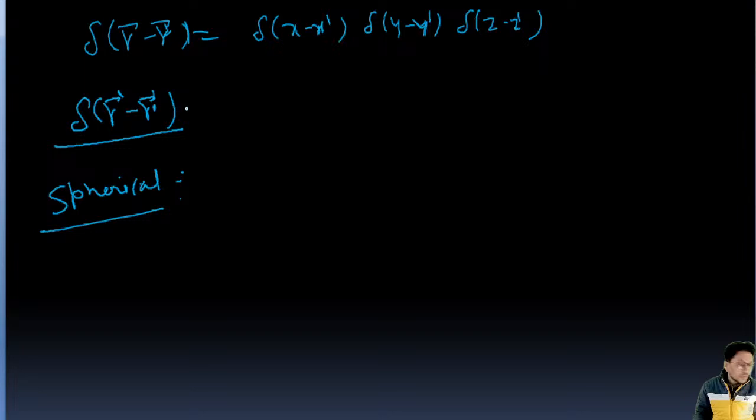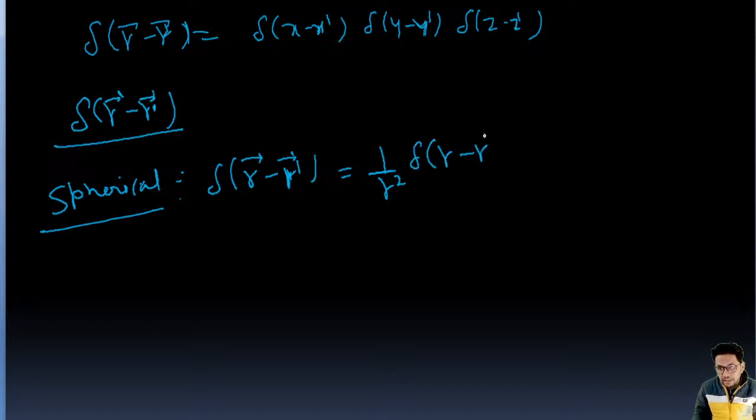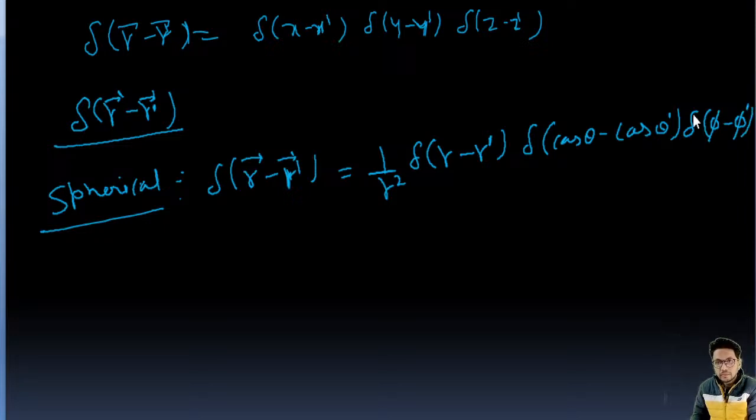In spherical, delta of vector r minus r dash is going to be 1 upon r square, delta(r minus r dash), delta(cos theta minus cos theta dash), and then delta(phi minus phi dash). So this is the one.